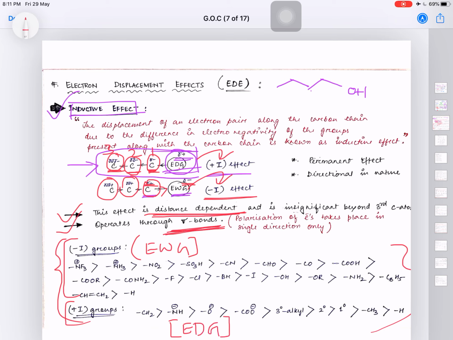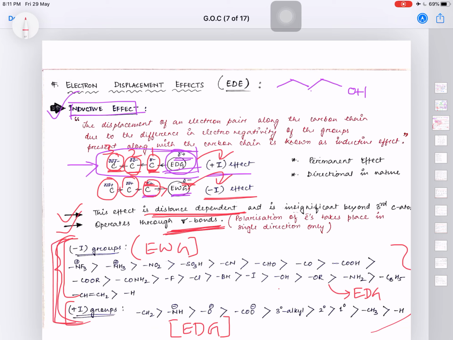For the minus I effect I have given this electron withdrawing list, it decreases this side, so in the later half of this part we have electron donating groups. These groups have different intensities, means some are more electron donating or some are more electron withdrawing. On the basis of that strength this order is made. So you just memorize this order because this is very important.